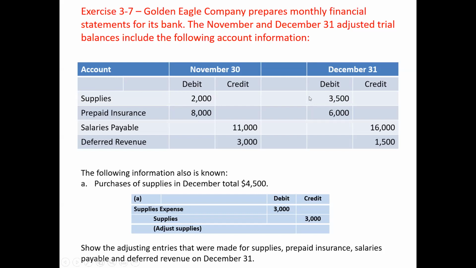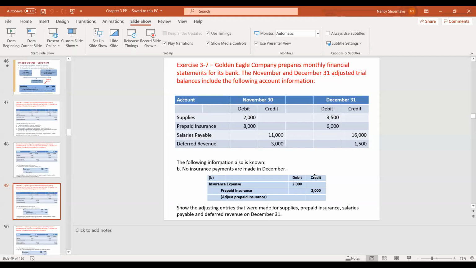But if the ending balance shows $3,500, it means they had to have created a journal entry debiting supplies expense of $3,000 and crediting supplies of $3,000. Okay, I'm going to just show you how I'm determining this.